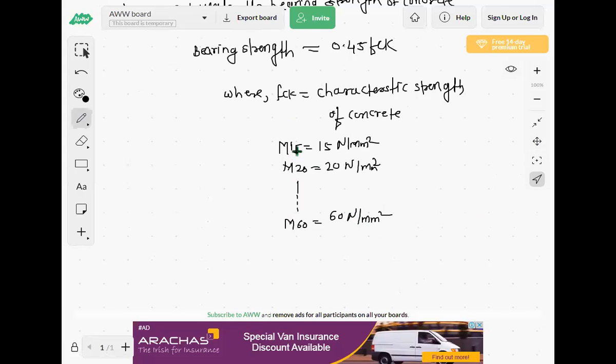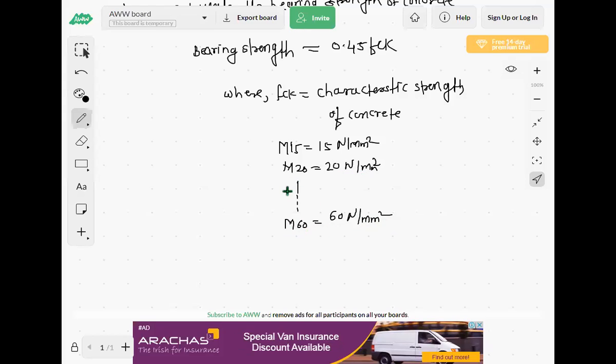Are you getting? For M15 concrete, characteristic strength fck is 15 Newton per mm square, for M20 grade concrete 20 Newton per mm square, and similarly for M60 grade concrete 60 Newton per mm square.